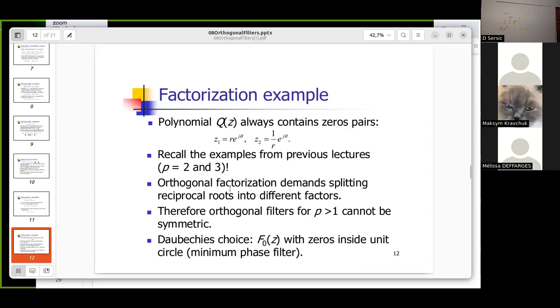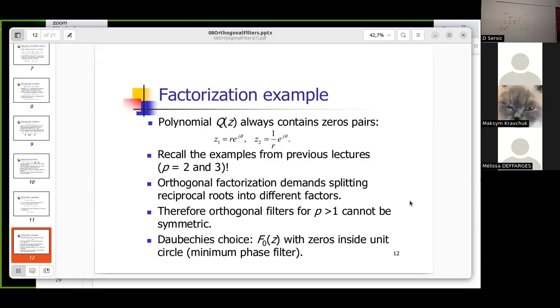And orthogonal factorization demands splitting reciprocal roots in different factors, which means that the result cannot be symmetric filters except if P is exactly equal to 1. So that was our 1/2. The square root of 1/2 is 1 over square root of 2, and it is symmetric.